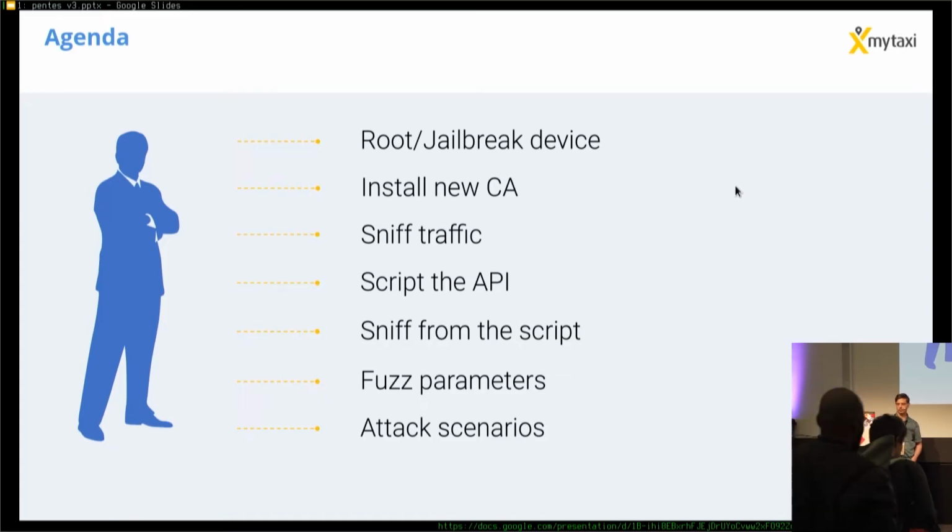With a basic understanding of how the functionality works, I can write a script which will automate the basic tasks, and afterwards I can fuzz the parameters to check for unusual responses from the server. And using those findings, I can create attack scenarios by extending my script and present them to the developers who are responsible for that.